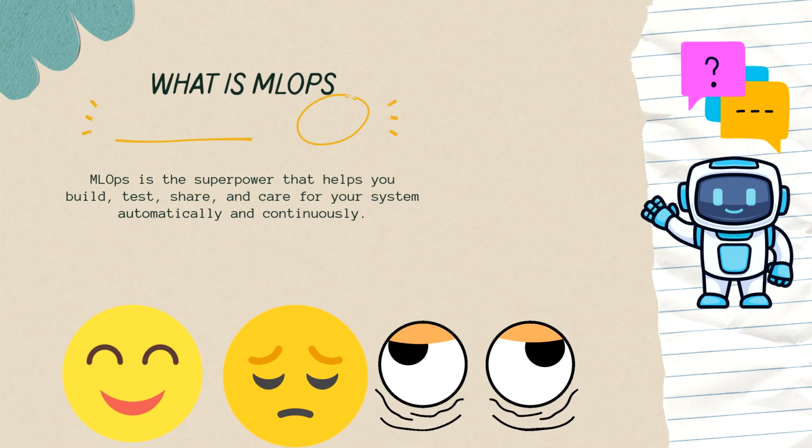So the main aim of it is to streamline the entire machine learning life cycle, from data preparation and model training to deployment and maintenance. So you get it right. So that is all about MLOps.